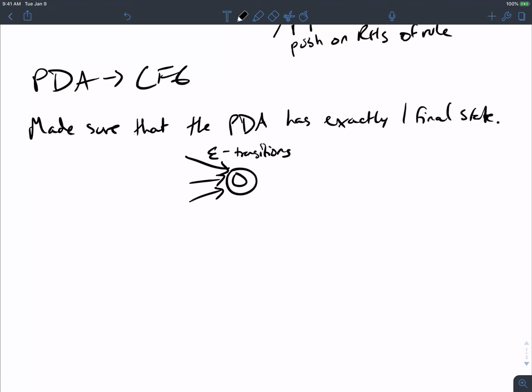If we had multiple final states, that wouldn't work because some strings might go to this final state and other ones can go to this other one. So by putting a single final state here, we have exactly one place to go from the start state to the end state. So we're going to make a start variable that encodes that.